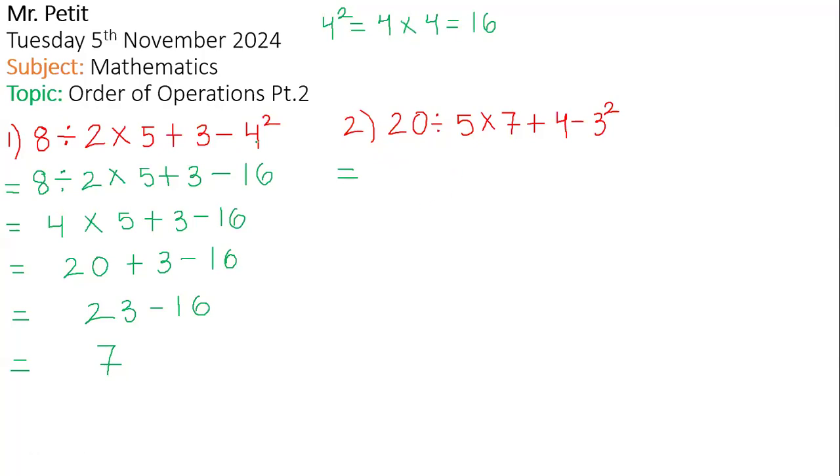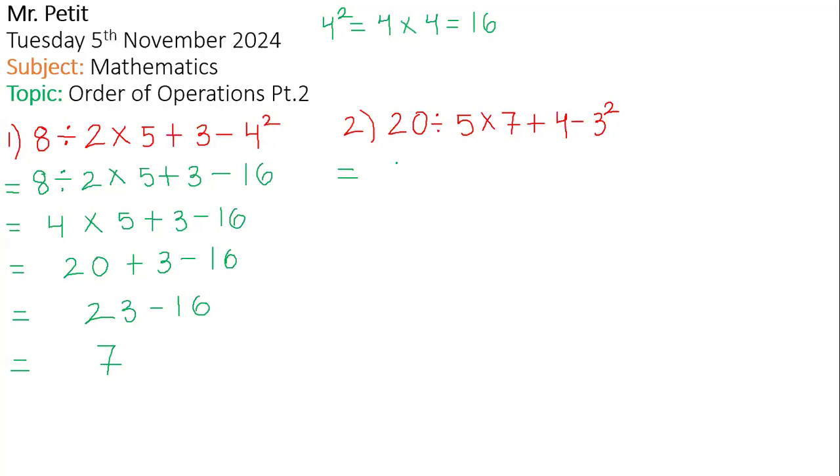What did y'all get? 23. Anyone got another answer other than 23? I got 30. Cameron, you got 30? Yes, sir. Okay, all right.